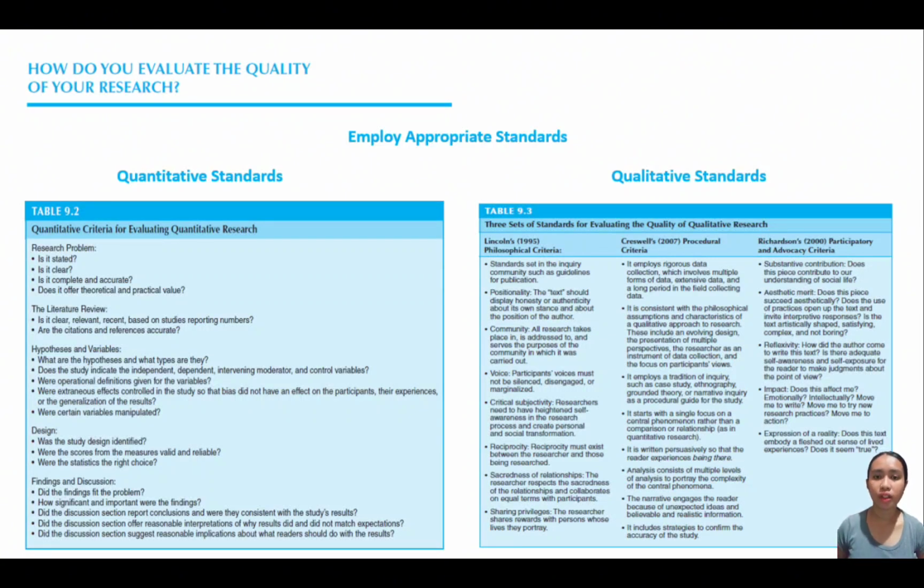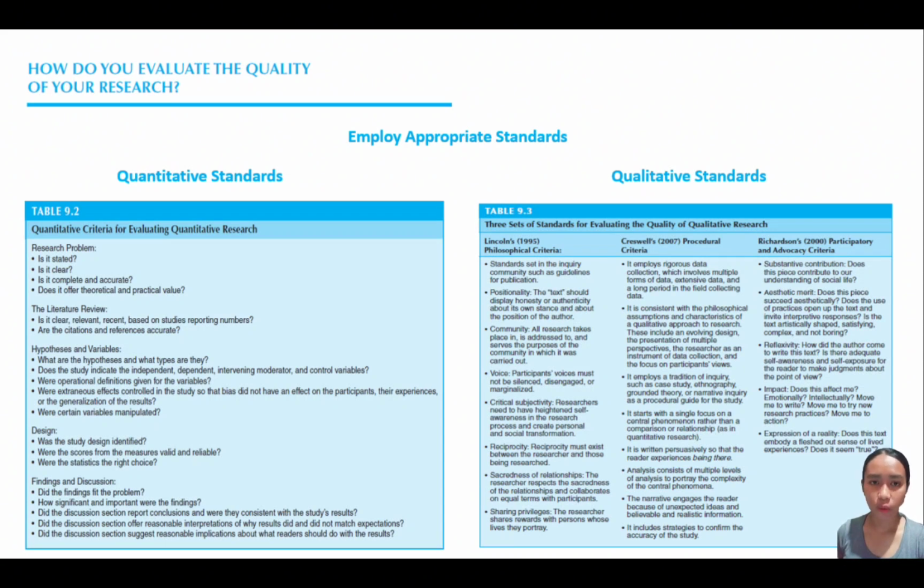So, evaluating research against these criteria helps ensure its quality, validity, and relevance. These criteria are fundamental in determining the impact and value of quantitative research studies and contributing to the research field and guiding future endeavors.